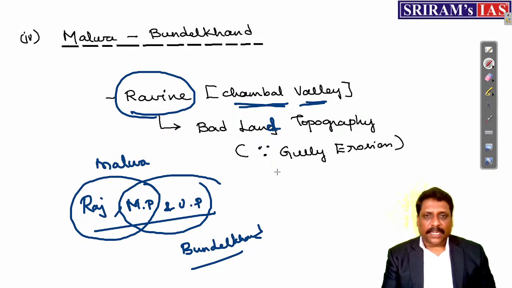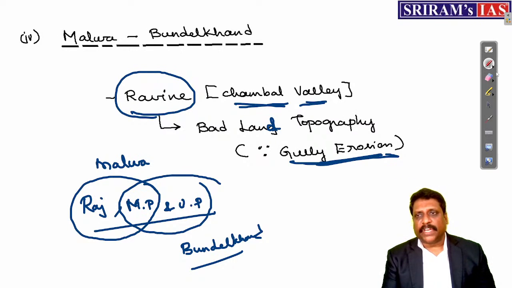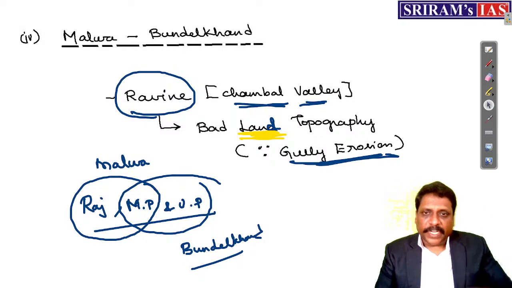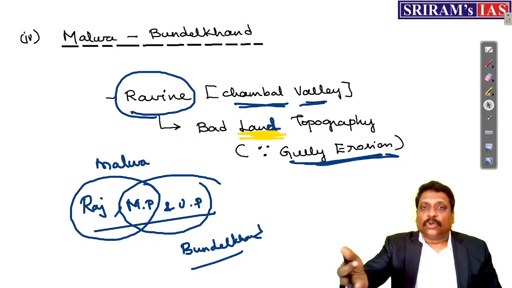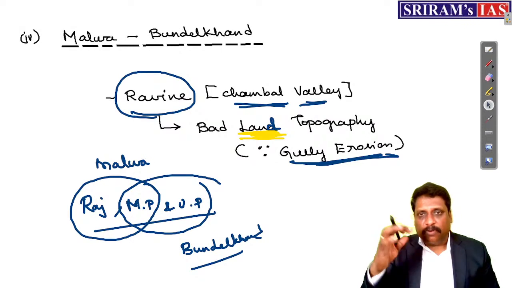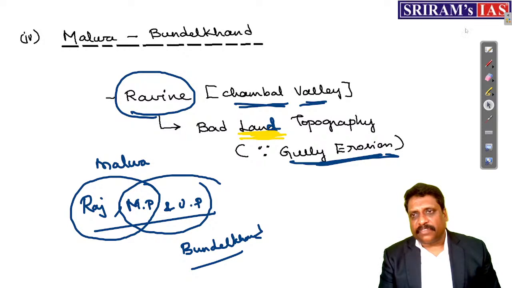And how exactly has this bad land topography resulted, if you ask me? It has resulted from a kind of erosion called what? Gully erosion, my dear friends. Gully erosion means the name itself says it, right? Gully means a very small street. This uneven erosion, we call it gully erosion. So Malwa Bundelkhand is known for this bad land topography as such.